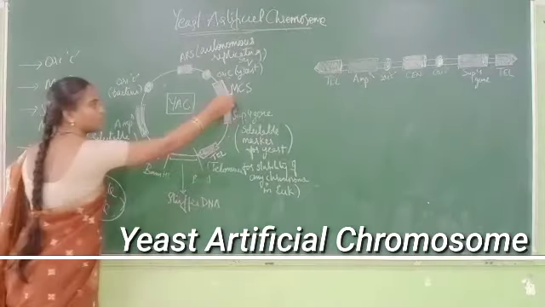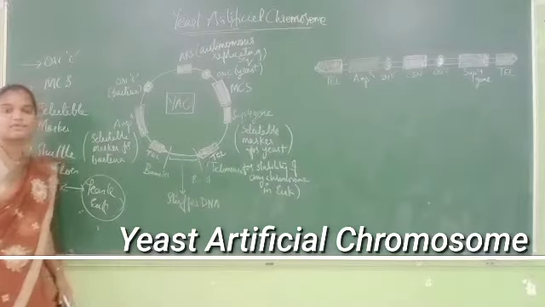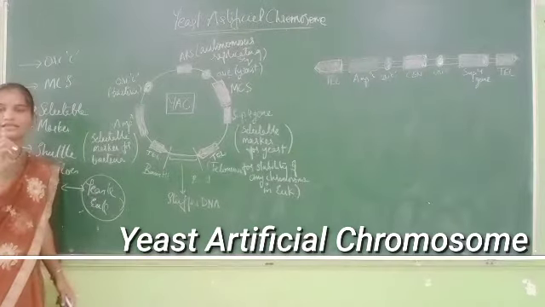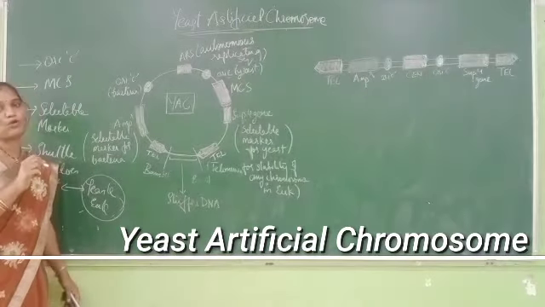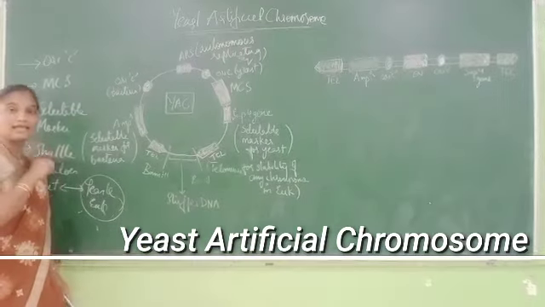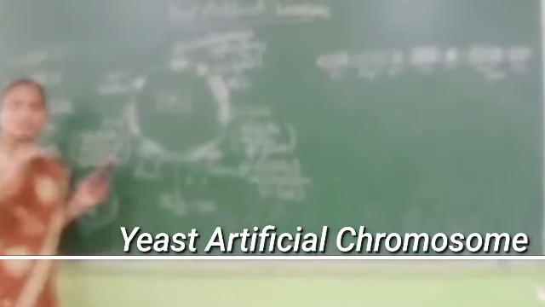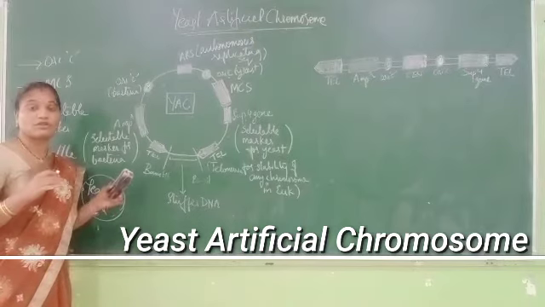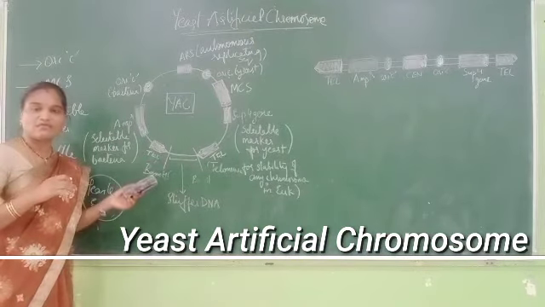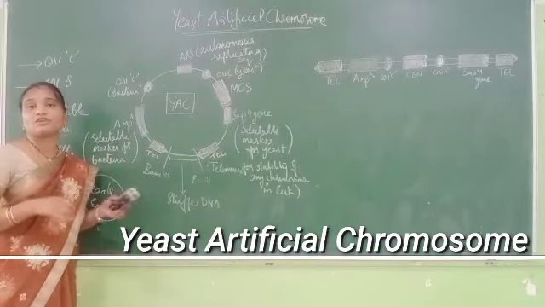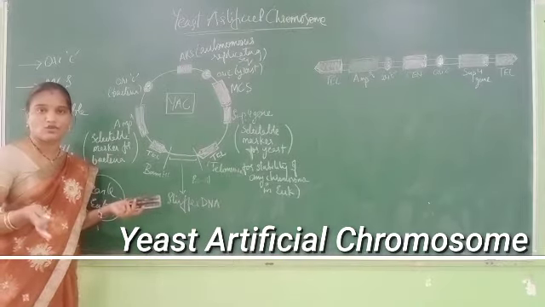Next, the multiple cloning sequence, that is, multiple cloning sites, is the same in both yeast and bacteria. In both, the bacterial plasmid vector and the yeast vector are easily cleaved with different restriction endonucleases, isn't it?